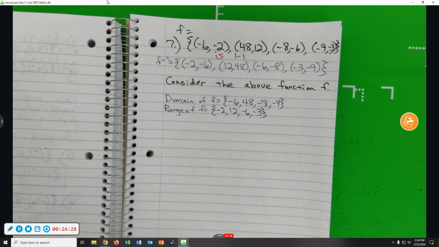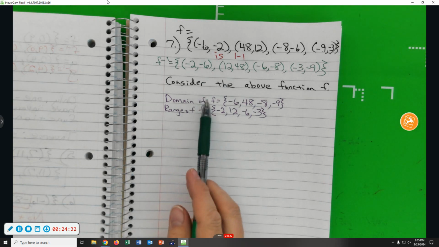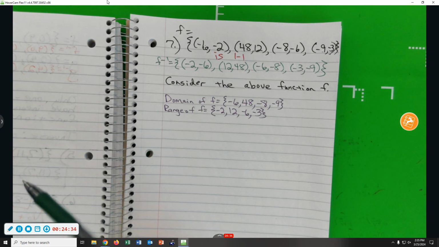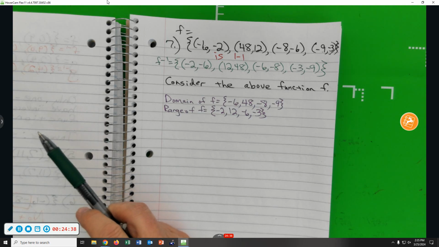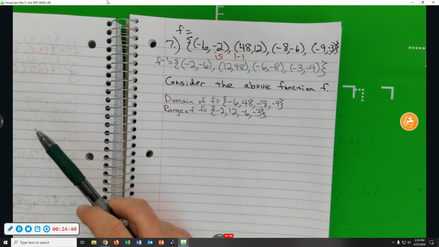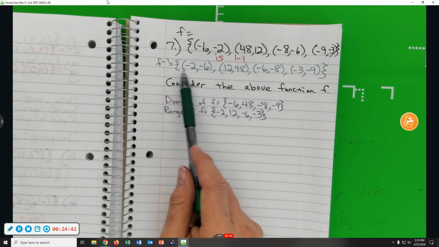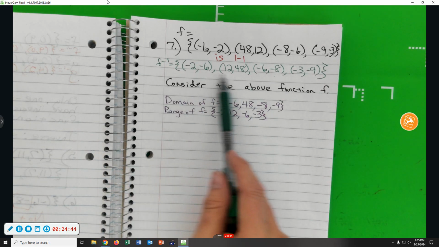Now I want to know the domain of f inverse. We found the domain of f and the range of f. What's the domain of f inverse? And we're looking at f inverse. This one here.